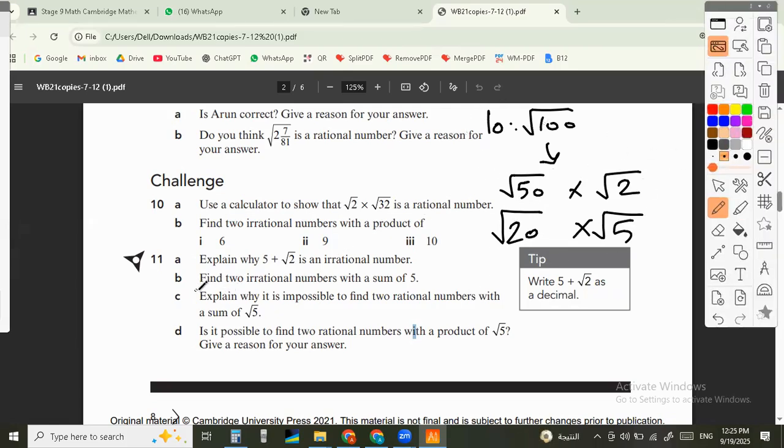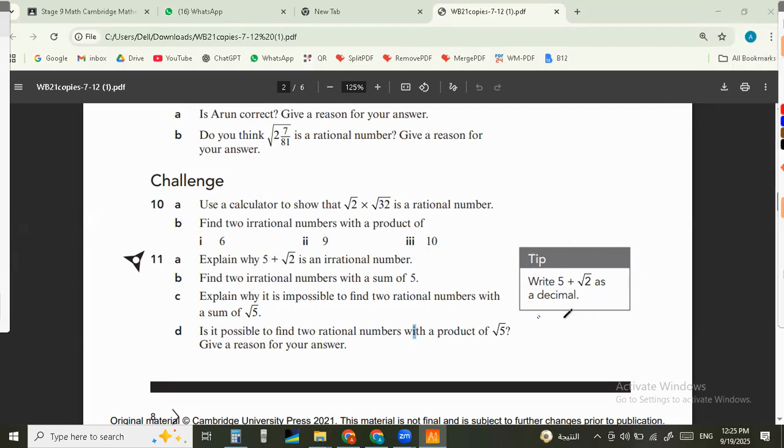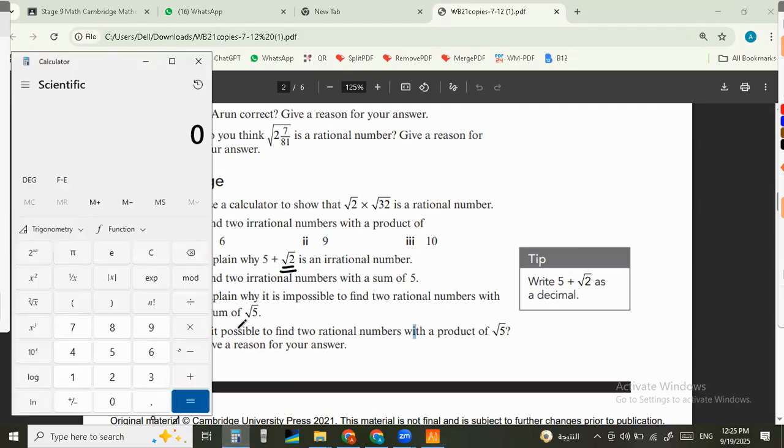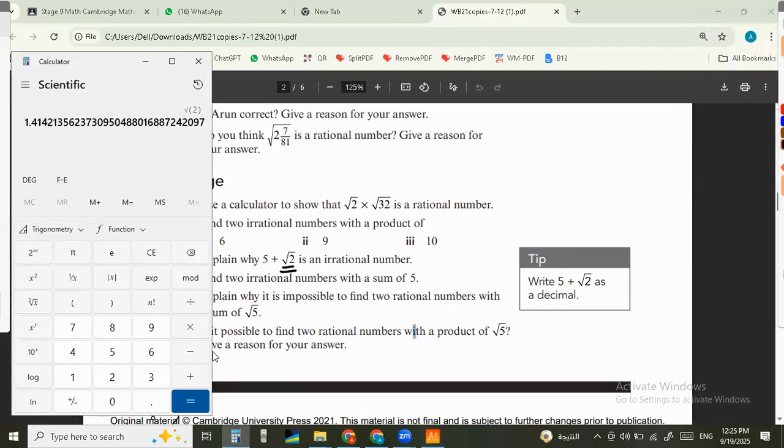All right. Explain why 5 plus the square root of 2 is an irrational number. They're giving you a tip here to write it as a decimal. To write this as a decimal, you need to use the calculator, and you're going to find that the root of 2 is equal to 1.414.